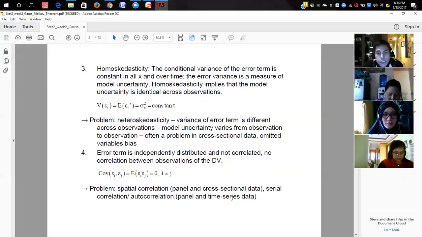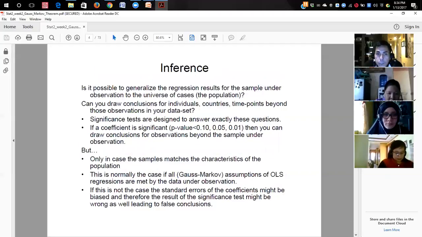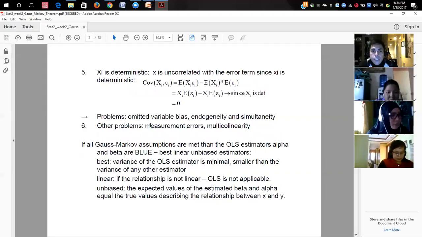So these are some of the potential errors that we need to control when we use ordinary least squares. And then number 5 is that the independent variable is deterministic, that the X is uncorrelated with the error term, since all of the independent variable is deterministic.